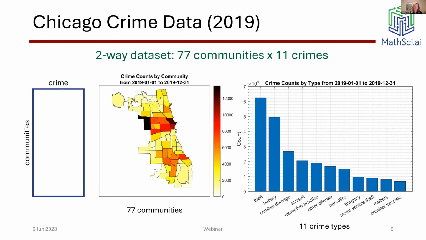You can see some communities have more crime, they're darker colored, and some have less. If you've ever flown into the airport there, this region is the Chicago O'Hare Airport. And then the types of crimes: I didn't include all crimes, I think it's just the top 11. Theft is by and large the biggest, then battery, then criminal damage, and the maximum here is 70,000 crimes.